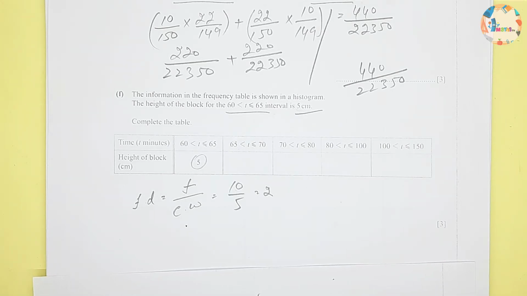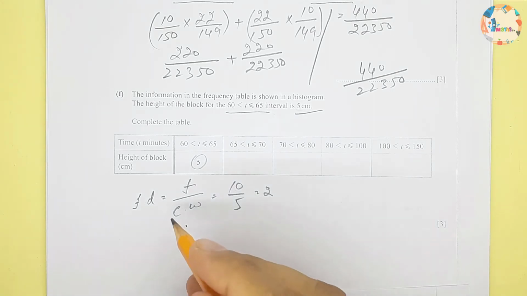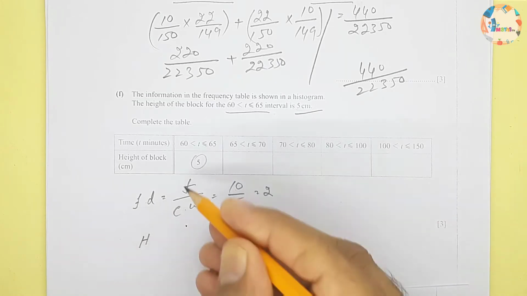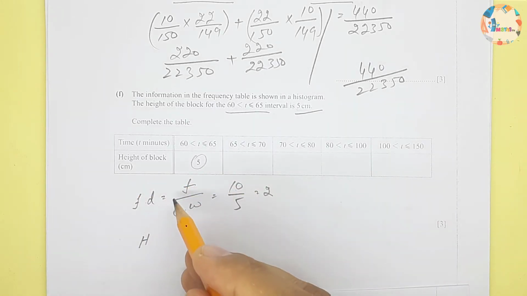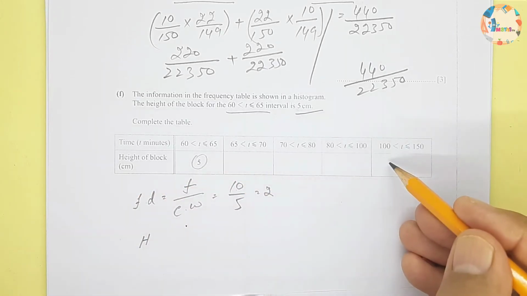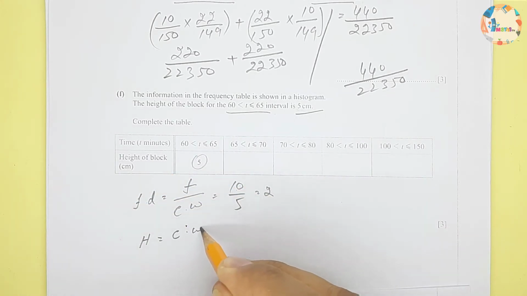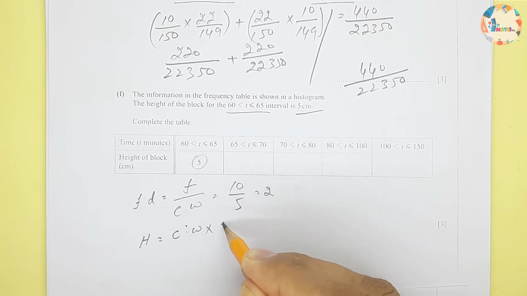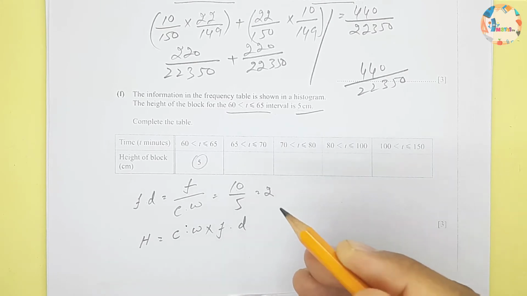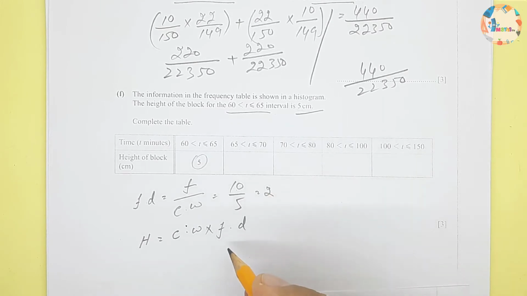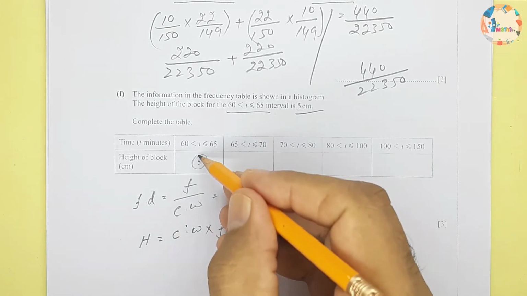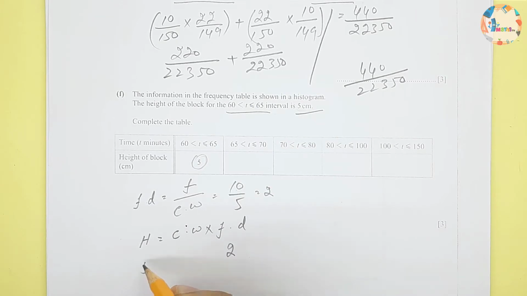Now we know that the height of the bar is equal to class width into frequency density, and the frequency density we got is 2, and the height is given over here, which is 5.